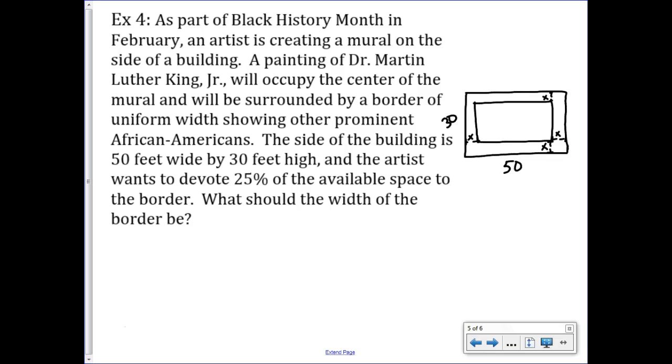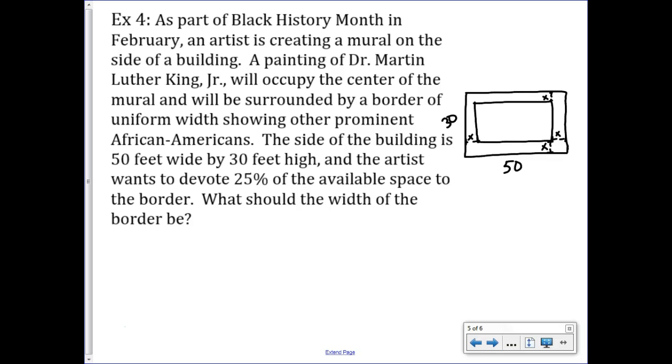So if I can find what the area of the mural should be, we can find out what that x value is that we're taking away by finding the area, the expressions for the area of the mural.